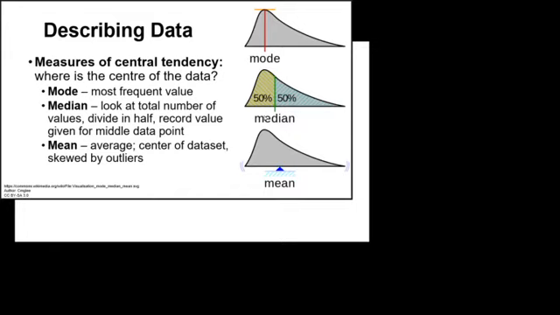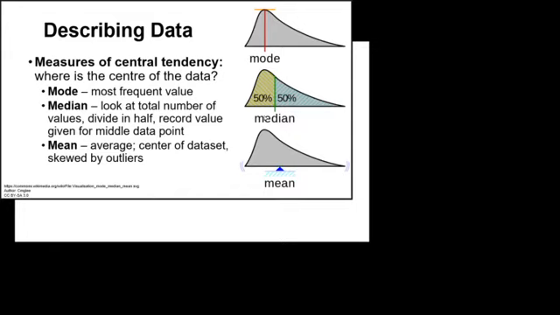So to find the median, what you would do is organize all of your IQ scores or data values of whatever kind from smallest to largest, and you find the number in the middle. If you have an even number of numbers, so say you have 10 numbers, you can't find an exact middle, there are actually two, so you take the two middle numbers, add them together, and divide by 2. That's the typical way you do it. But if you have an odd number of numbers, then you just take the middle value, and that is your median.